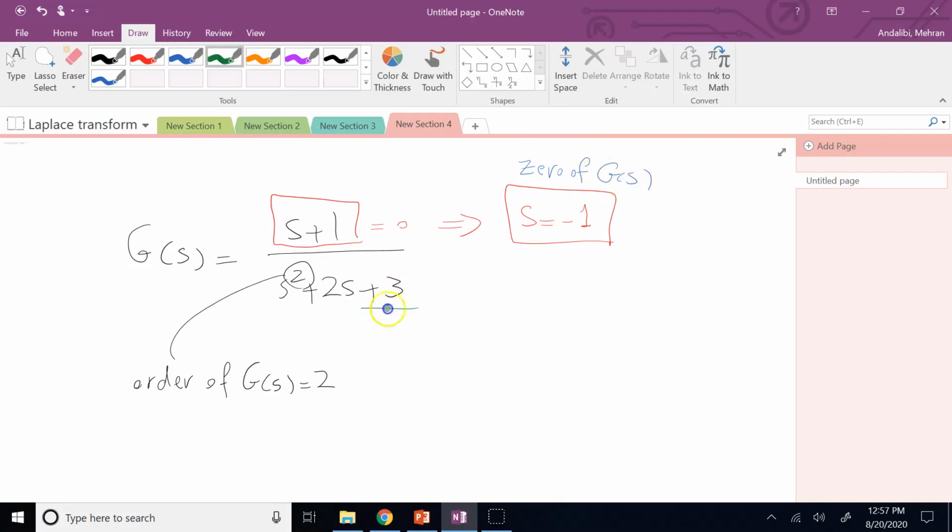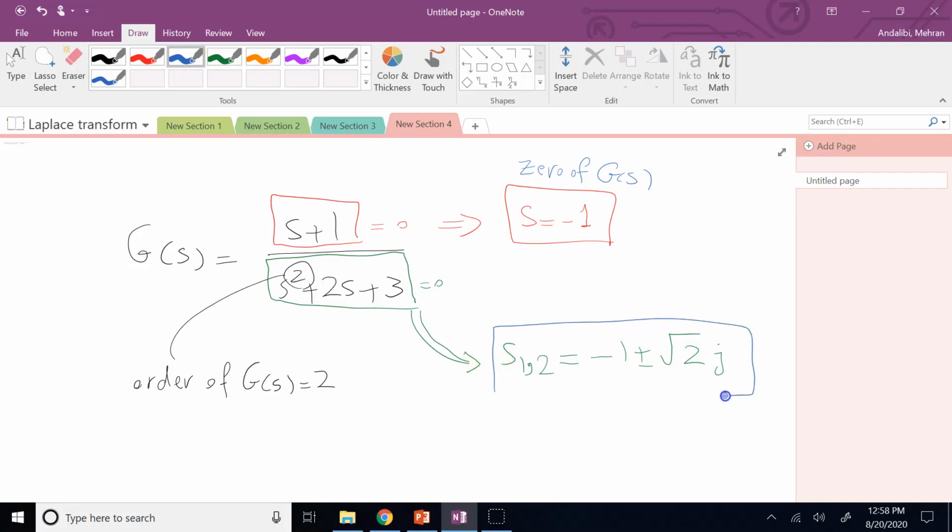Then we set the denominator equal to 0, and whatever we find, which in this case are two complex numbers, -1 plus and minus square root 2 times j, j being the root of the complex numbers. Okay, so these two are the poles of the transfer function.